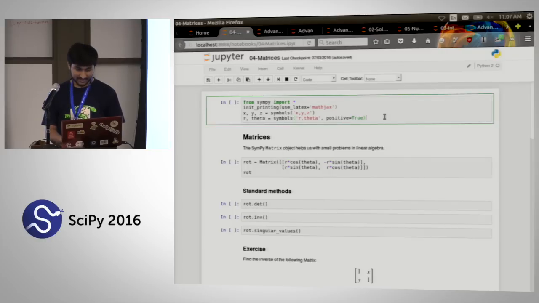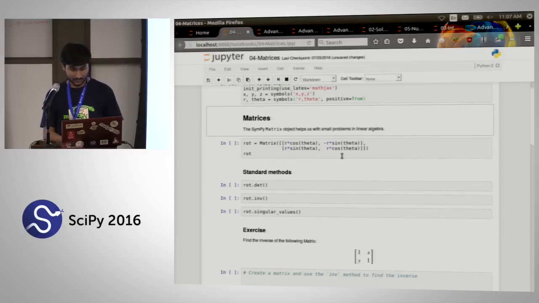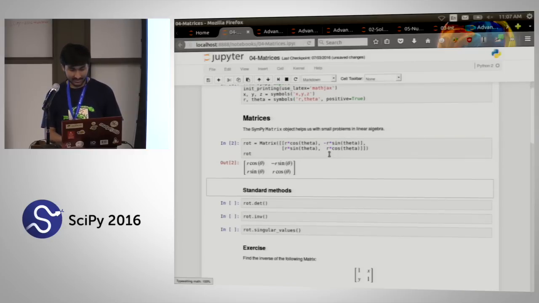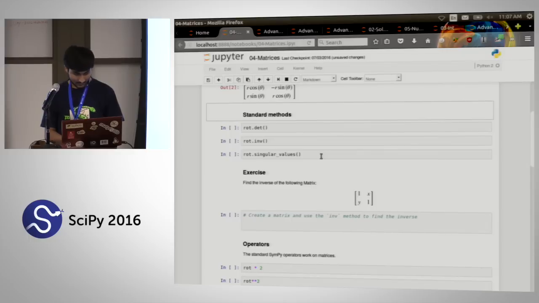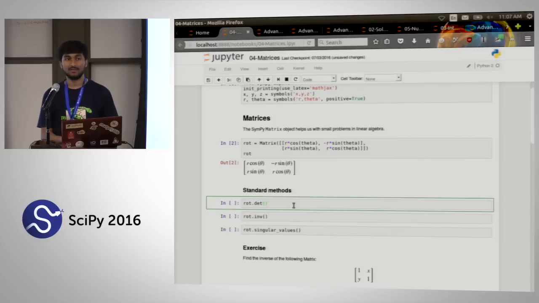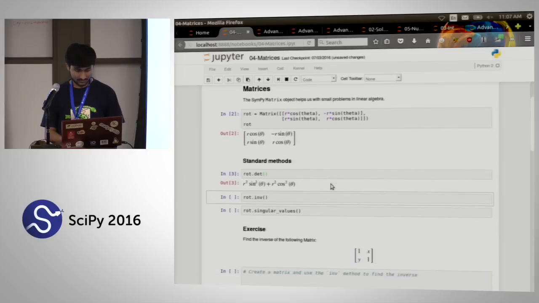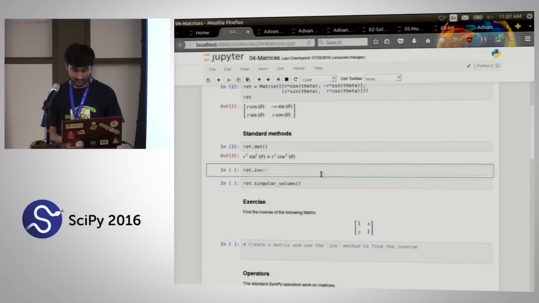So SymPy has a matrix module. This is how we represent a matrix in SymPy, with nested lists. And you can use some standard methods defined on this. For example, finding the determinant is .det. Inverse.